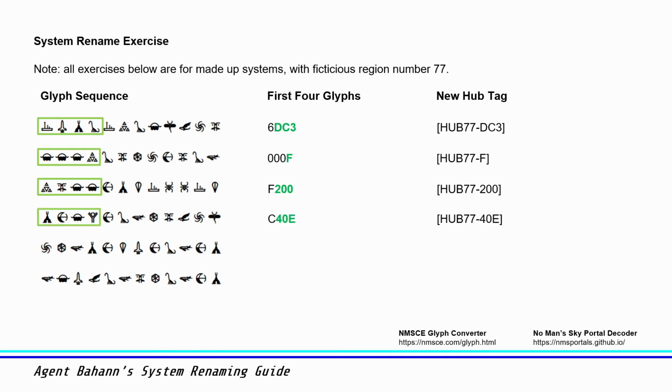C40E, we keep 40E. 9ABC, we'll keep ABC. B0D1, we only keep D1.